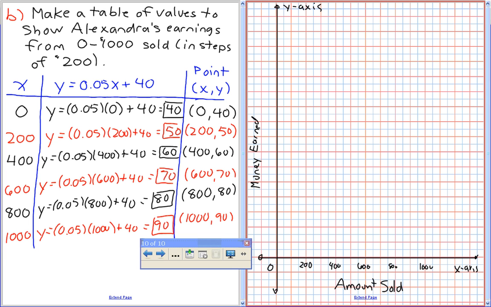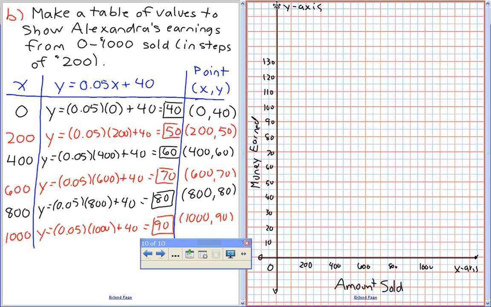I have enough room, I'm just going to count by 10s all the way up. I have lots of room on here. You obviously don't need to go that high in the graph, but I have lots of room.